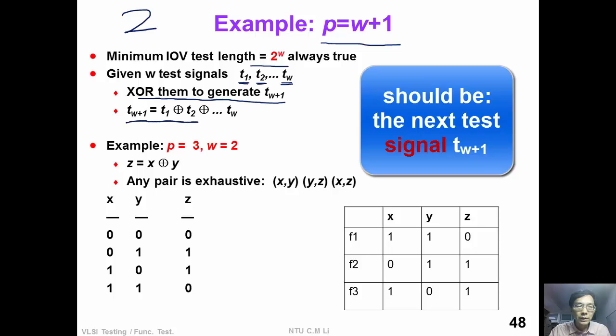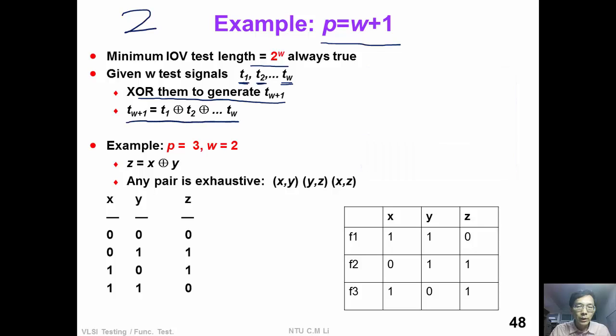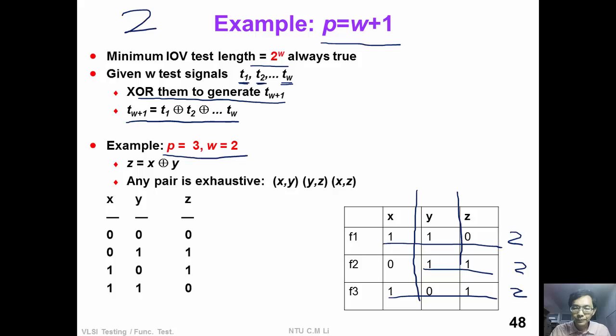So we have this equation. For example, given a circuit where P is equal to 3 and W is equal to 2, like this example, the row weight is 2. And we have 3 partitions, 1, 2, and 3. Given this circuit, we can always assign Z equal to X exclusive OR Y. So we have these 4 test patterns.